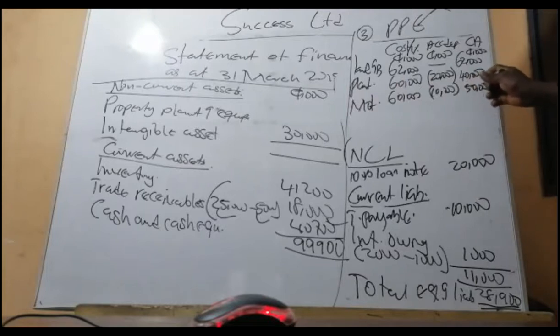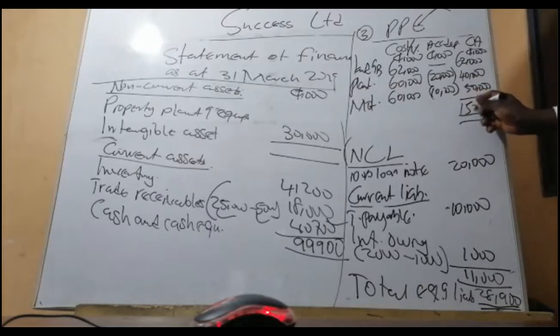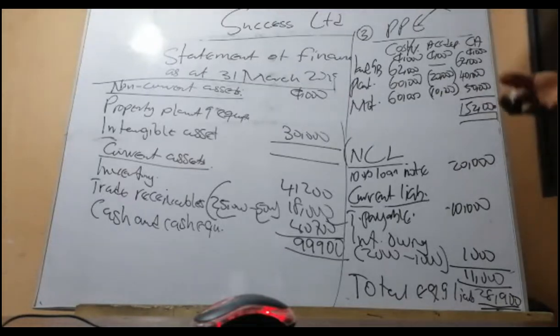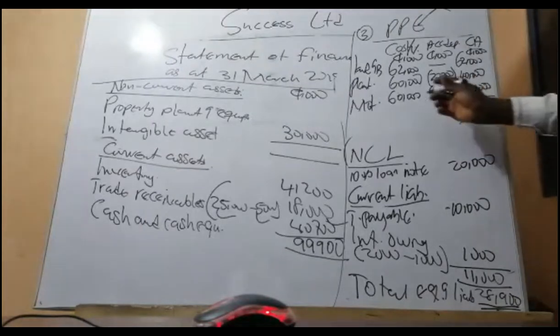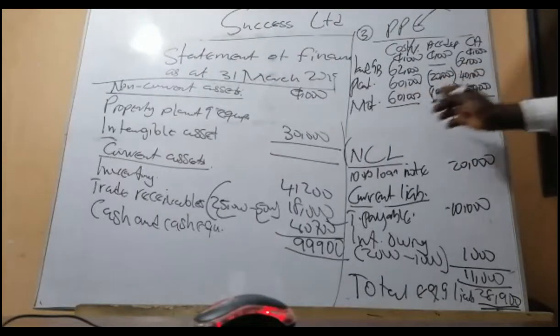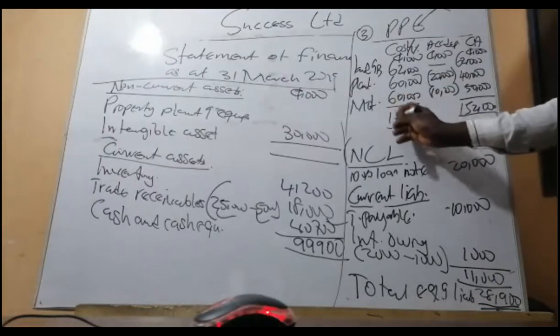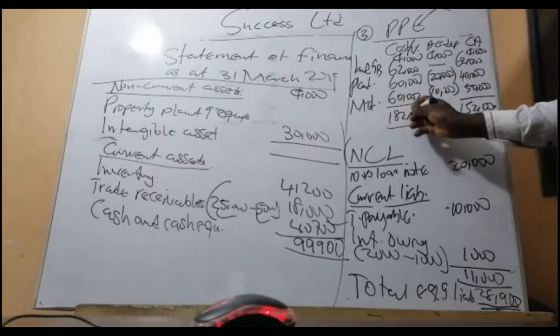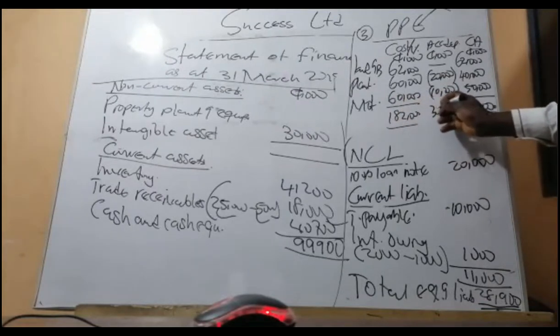Putting this together, we need this one first. So 62 plus 40 is 102, so 152,000. If you do have time, learn and learn, then do this session. If you don't have time, this is what we want. Good. So 182,000.